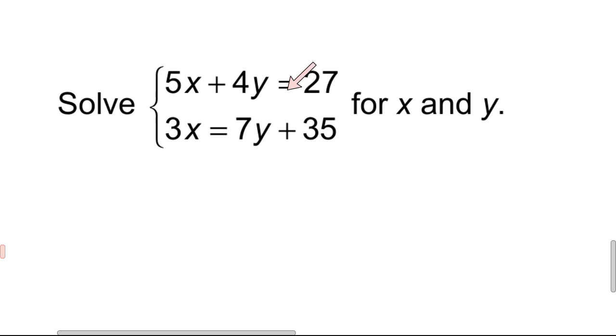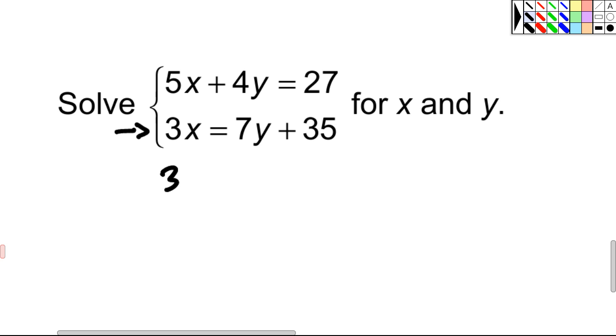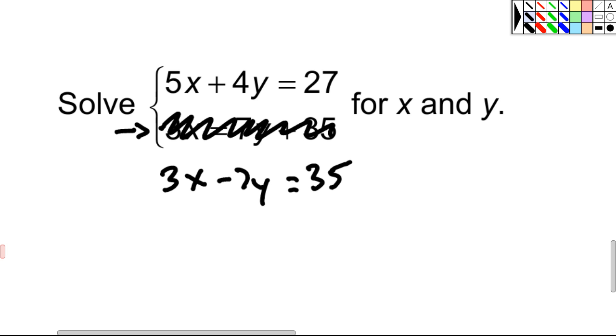But these equal signs need to be lined up too. So I'm going to keep the first one the way it is. I'm going to rewrite this second one here. 3x is fine where it's at. Let's move this 7y to the left side of the equation, just like it is up here. So that'd be minus 7y. Now I got my equal sign, equals 35. So I really don't need that anymore.